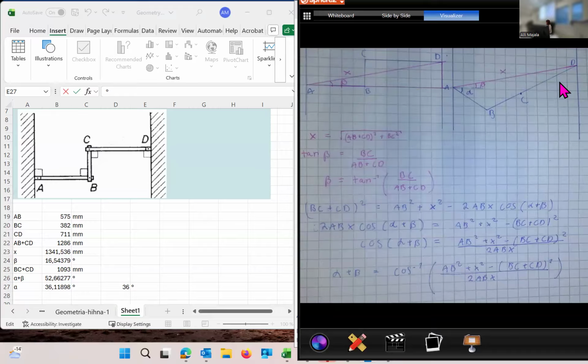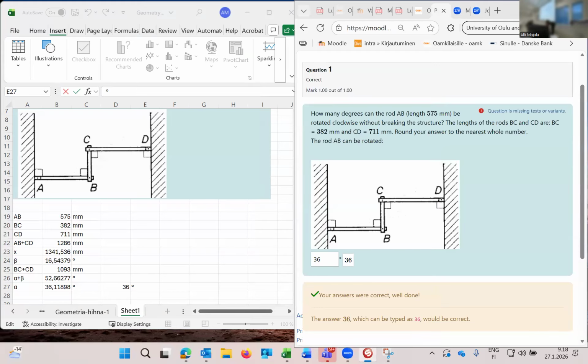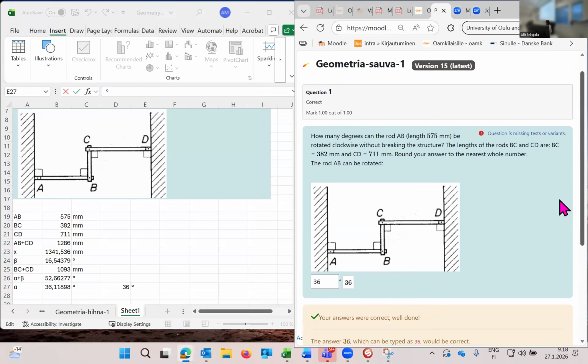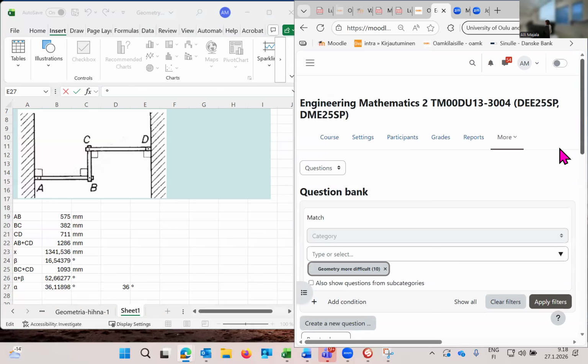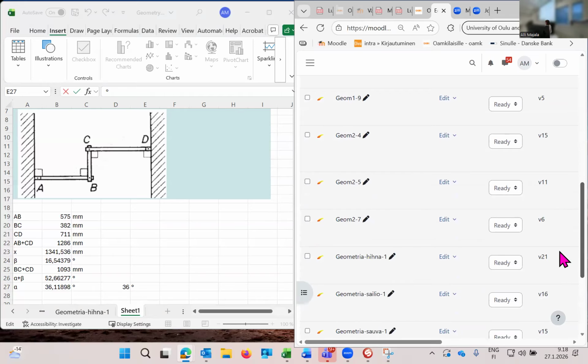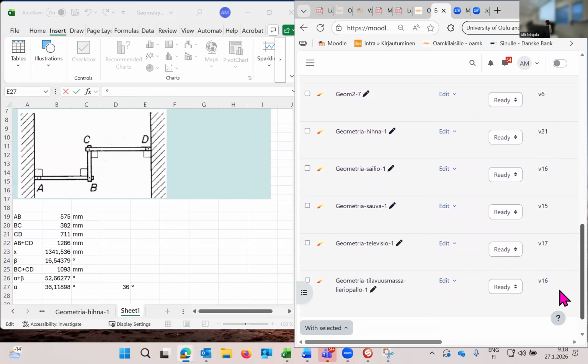Okay. So maybe I'll calculate some other now. What would that be? So we have already done this. This, I think I did, maybe.